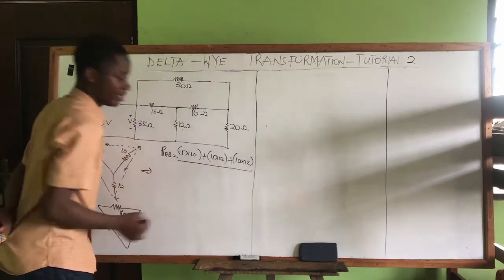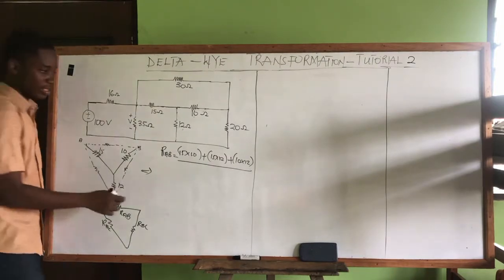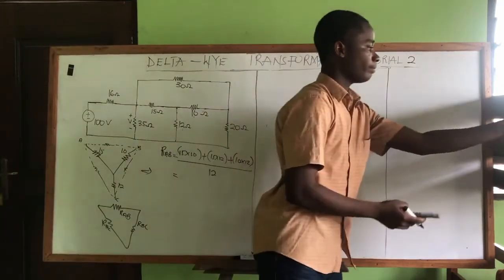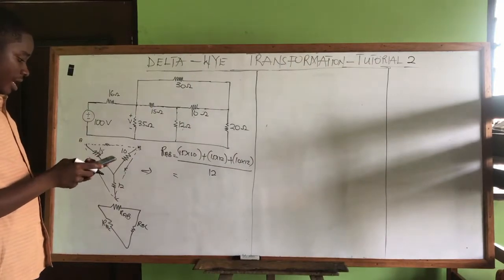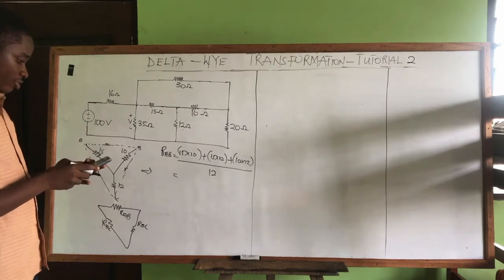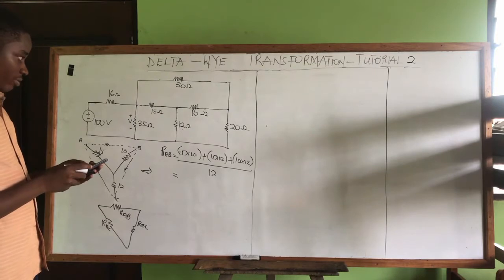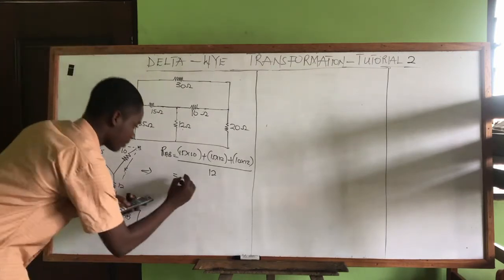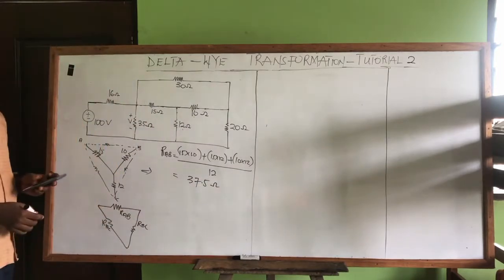Then we divide by, since we want RAB, the 12. So we have 15 by 10 plus 15 by 12 plus 10 by 12, divided by 12, which gives us 37.5 ohms. That is RAB.